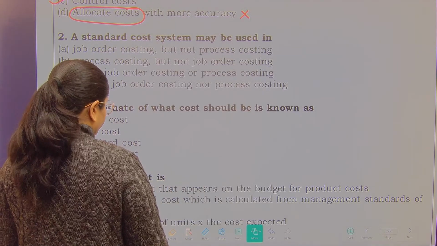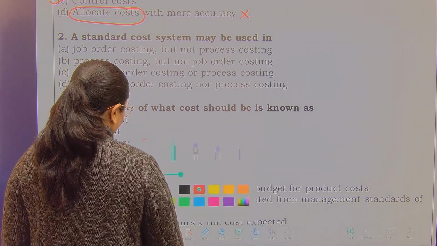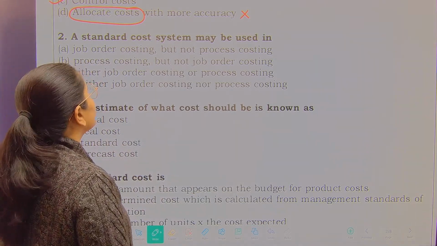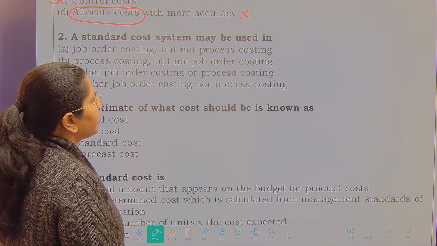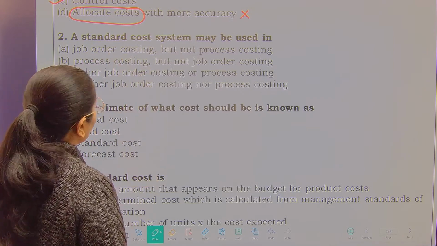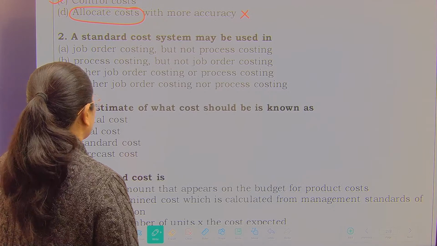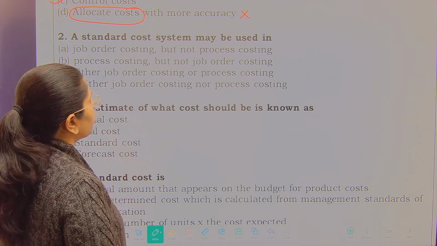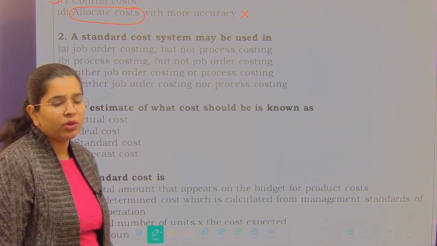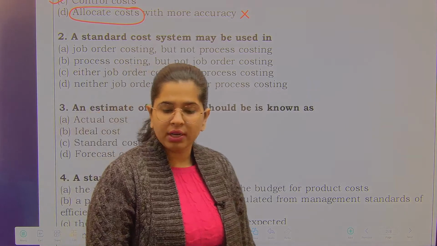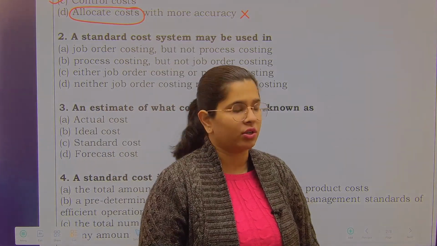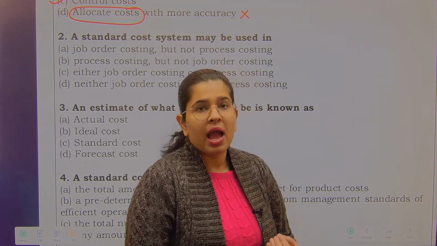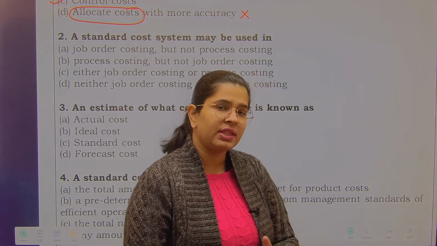Question number 2. A standard cost system may be used in job order costing but not process costing, process costing but not job order costing, either job order costing or process costing, neither job order costing nor process costing. Now they want to know what is the application of standard costing. So under standard costing, what I want to do is compare the actuals with the standard.